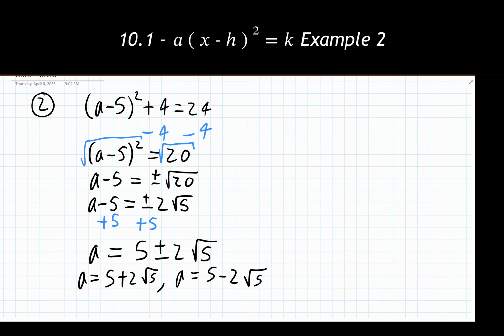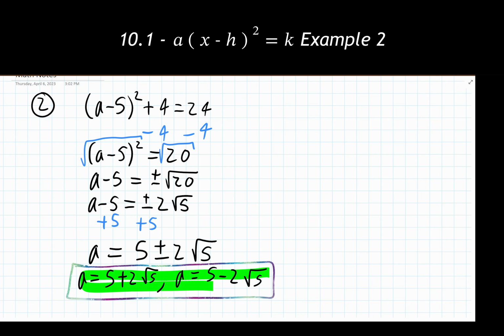If you're using an online resource or online program as you're going through and solving these things, a lot of those tend to want this split answer that we have showing up here at the very end. But again, it should be noted that these two answer forms are the exact same thing. Just make sure you're checking what the specific program or test or homework or whatever your instructor is asking you to do.